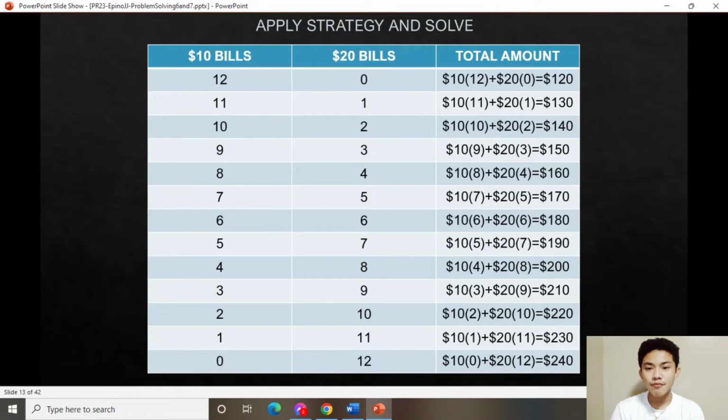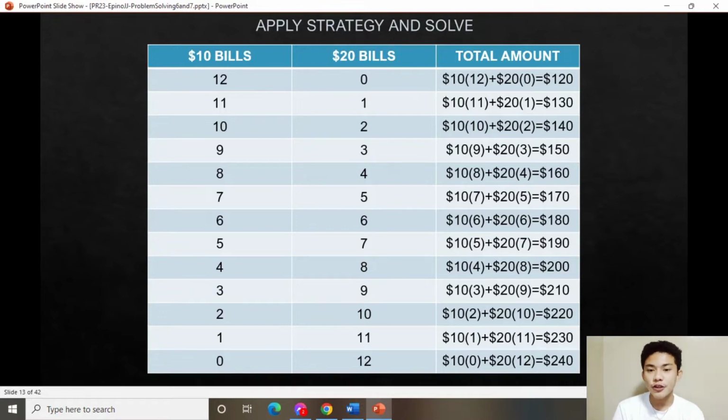If we have 12 pieces of $10 bills and 0 $20 bills, it is equal to $120. Second, if we have 11 pieces of $10 bills and 1 piece of $20 bill, the total amount is $130.